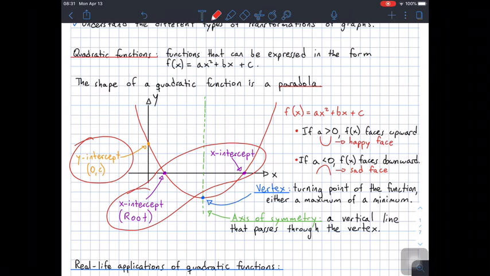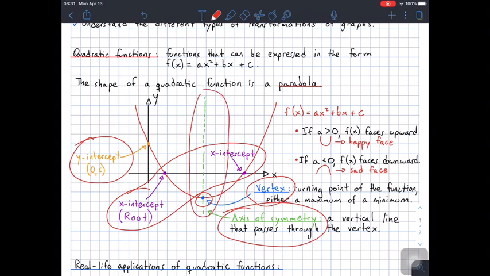We're going to see that later on. Then the vertex of the parabola, which is the minimum or maximum point. And finally, the axis of symmetry, which is the vertical line that divides the parabola in two same parts. It's like a mirror.